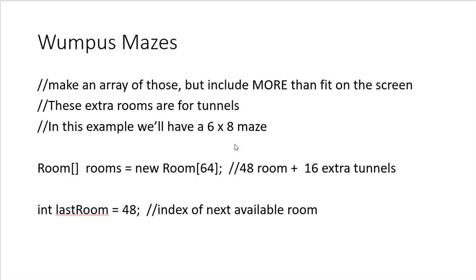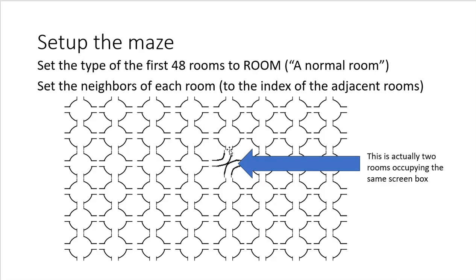So just to recap, we're going to start with the number of rooms that we see on the screen, and we're going to either reserve space for more rooms or have the ability to add them on the fly, like using a list. What's going to happen is we're going to take the room that we pick and turn it into one type of tunnel, and then add another room that's the adjoining type of tunnel.